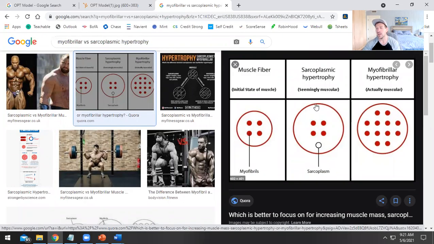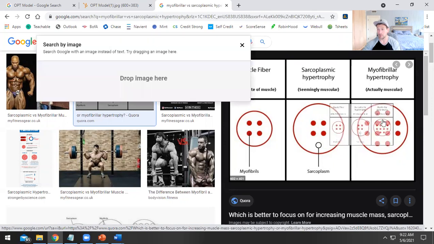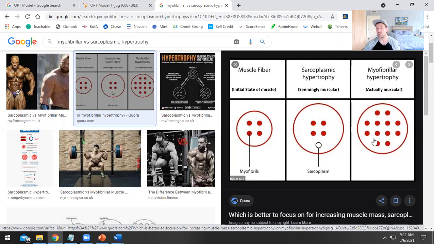And then you see here, we made the cell bigger, but the proteins within that cell are the same. There's the same number of proteins, not any more. This is what we call sarcoplasmic hypertrophy. We literally just injected some fluid into the cell through training, obviously. But the cell just decided to grow because it got really puffy. There's also myofibrillar hypertrophy, which is what we see here, where there are actually more proteins within the muscle cells.